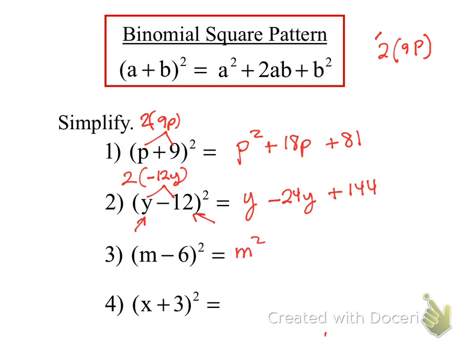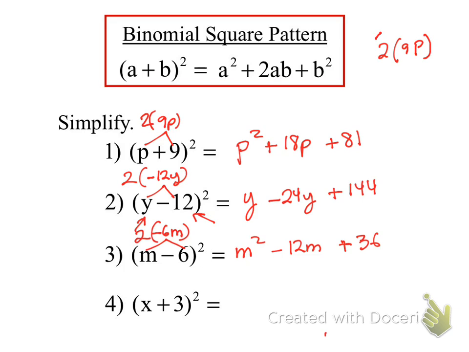Last term. 36. Positive or negative? I mean positive. Negative 6 times negative 6 is positive 36. Okay, negative times a negative. Middle term, multiply m and negative 6. What do I get? Negative 6m times 2 is negative 12m. Do the last one, guys.